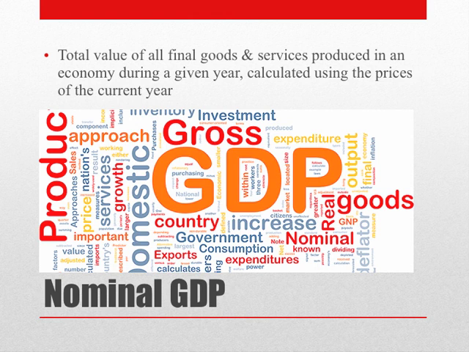So this is pretty simple. For nominal GDP, you use the prices of this year. So if we're doing the 2015 or the 2016 GDP, whatever year it is when you're watching this, we use that year's prices and we multiply it times the output, the total amount of final goods and services produced, and that will equal our nominal GDP. It is a very simple calculation.